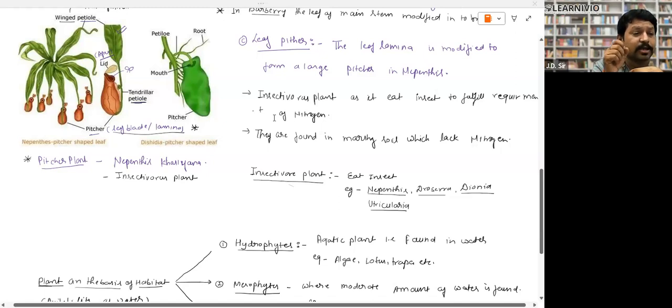Dionaea is called Venus flytrap. Utricularia is called bladder plant.